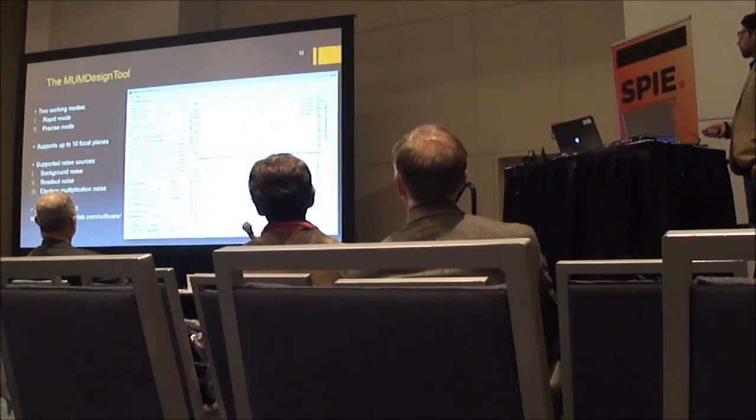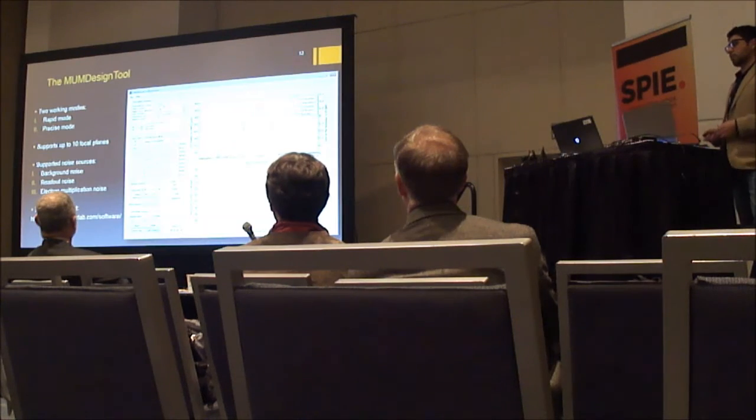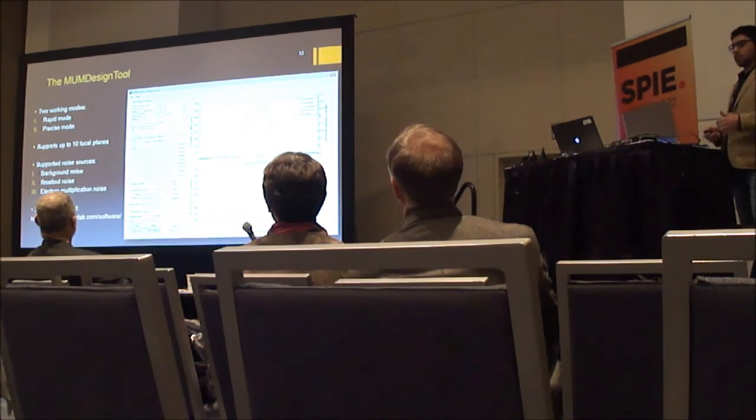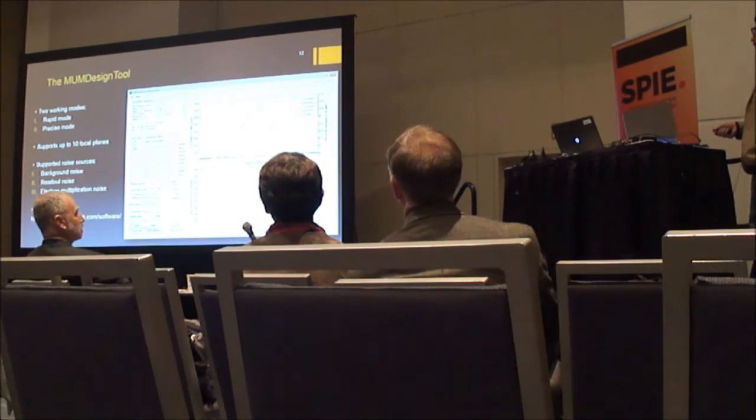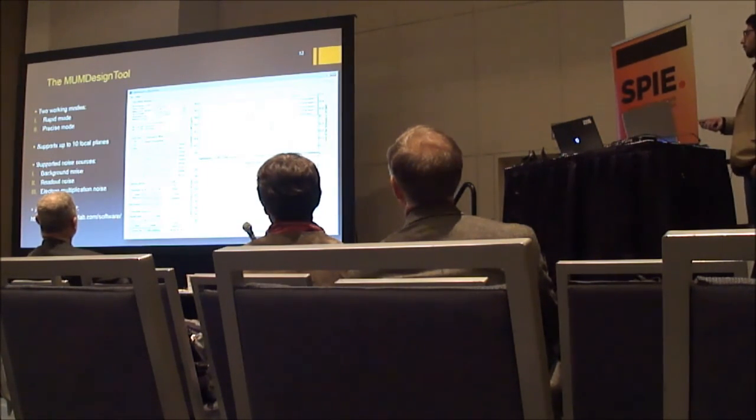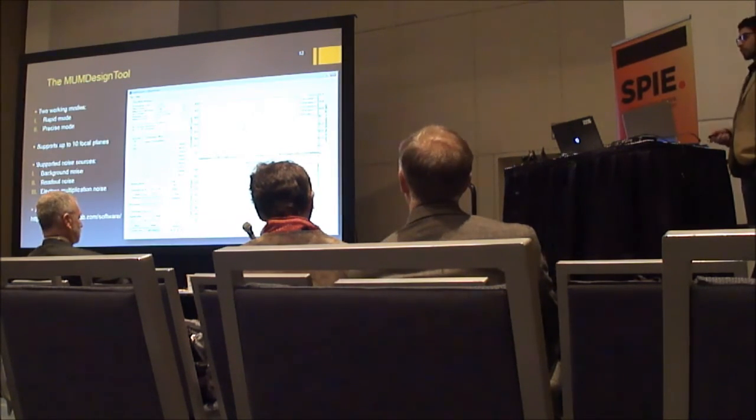So with this, I would like also to mention our software package. As we've seen, calculation of this film and the plan is usually difficult and also computationally expensive. And also it depends on many parameters that I did not mention here, for example, the numerical aperture of the objective lens, magnification and everything. So we came up with a software package called the MOM Design Tool. This actually considers all the practical parameters and everything that we need, and it helps you to design the plane spacing. And it has 2 working modes.